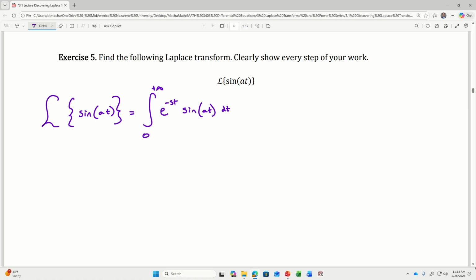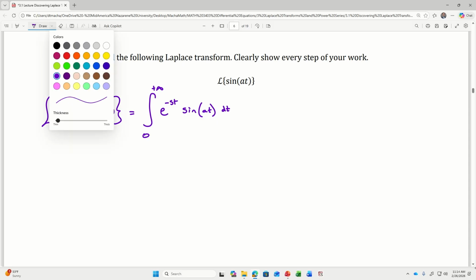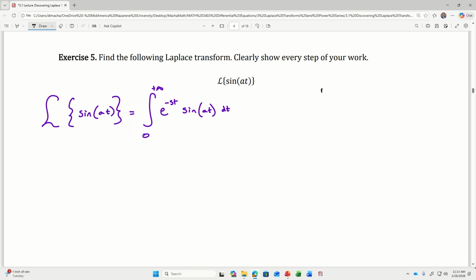This is going to require integration by parts. So what do I choose for u? E to the negative st. Yeah, and dv can be sine of at dt.